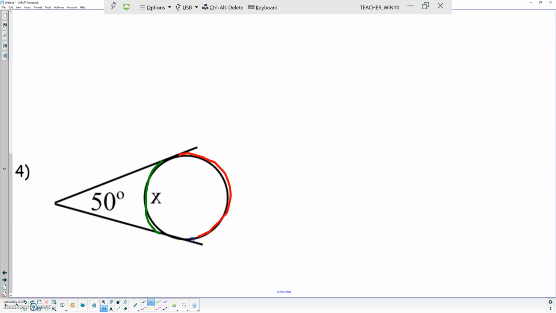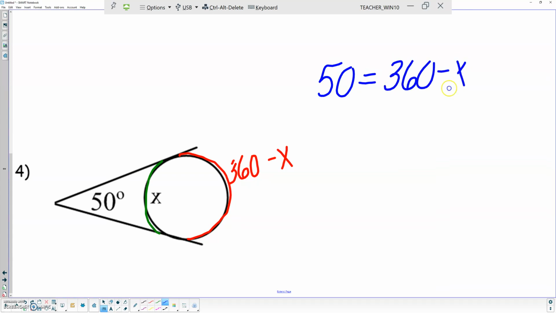So this far arc can be represented by 360 minus x. We're going to set this one up as the following. The external angle 50 is equal to the far arc, which is represented by 360 minus x, minus the near arc, which is represented by x, divided by 2.